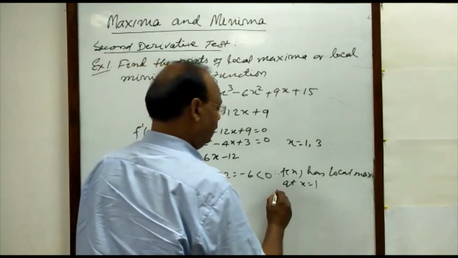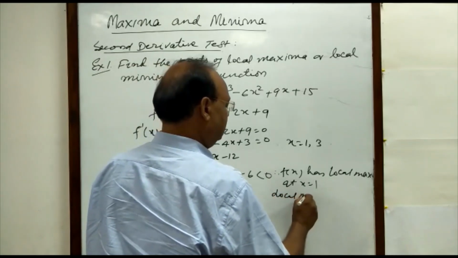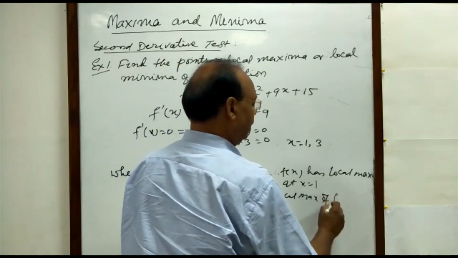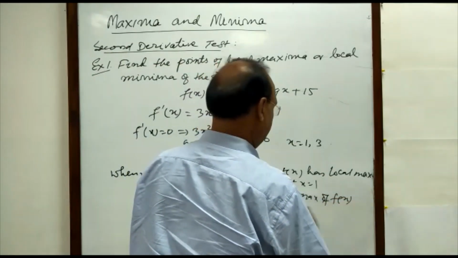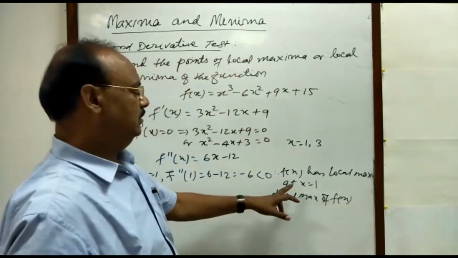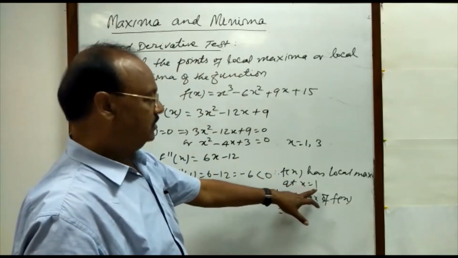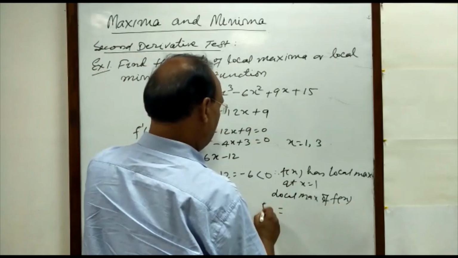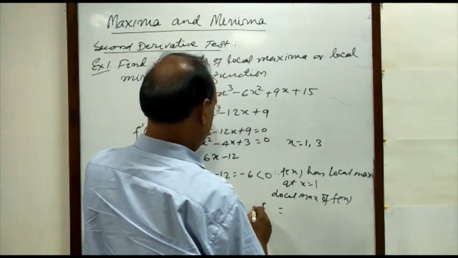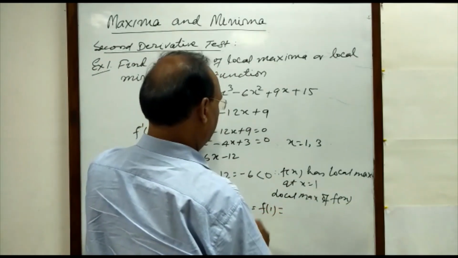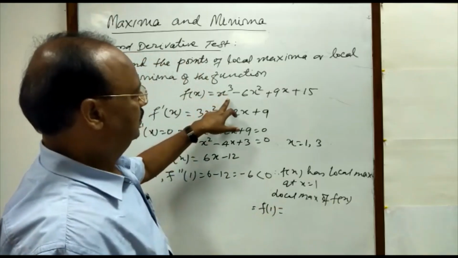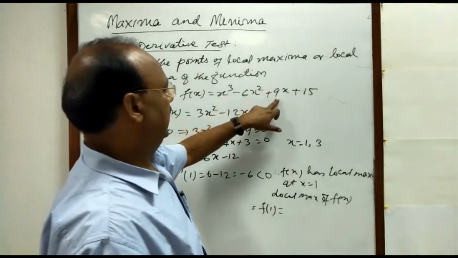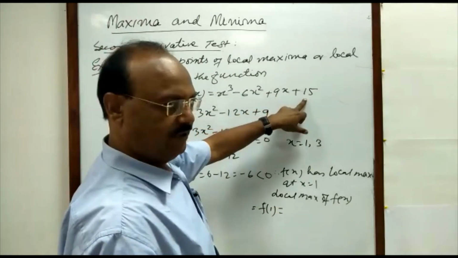And what is that local maxima? We have to find out this value also. Local maxima of f(x) is equal to how much? We have to put value of x is equal to 1 in this given function. So that will be f of 1. So this will be 1 minus 6 plus 9 plus 15.